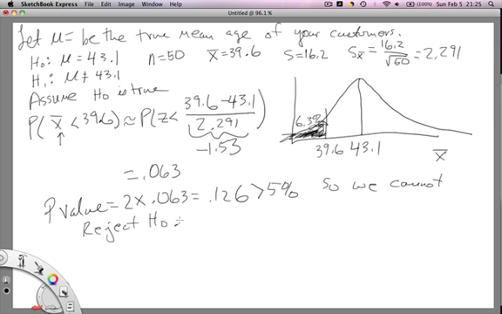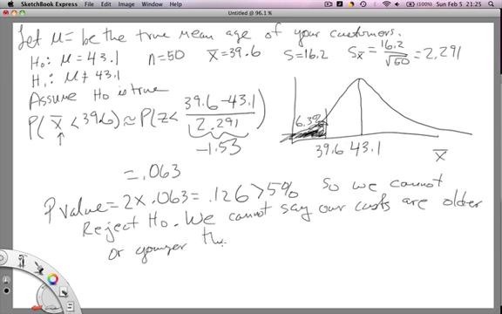Our ultimate conclusion then is that we don't have the evidence to say that our customers differ in age from those of the population. We cannot say our customers are older or younger than the population at large. So we don't say that 43.1 is the mean.